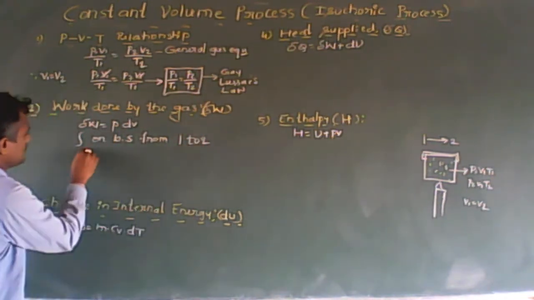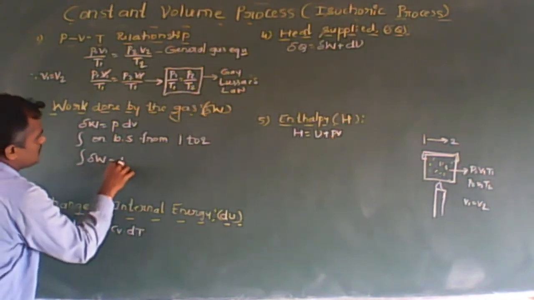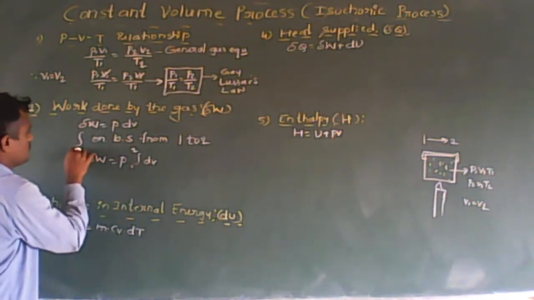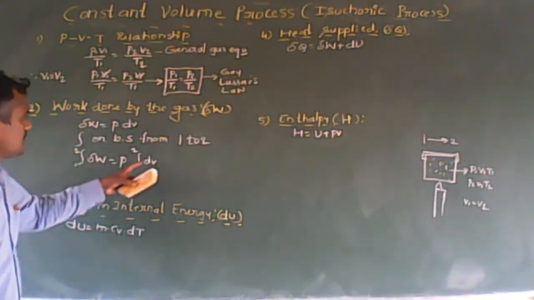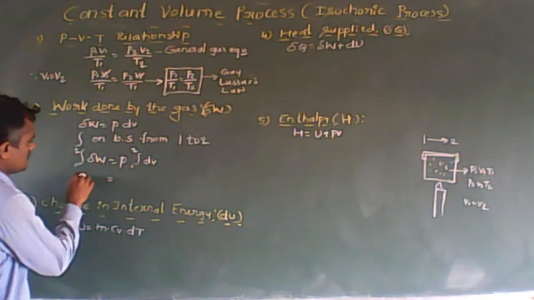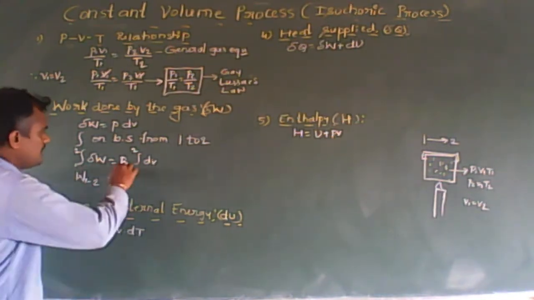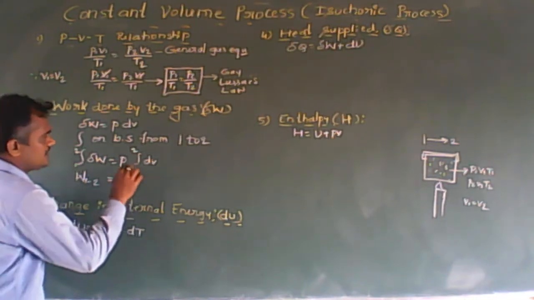Here, this becomes the work done during the 1 to 2 process, and P is constant.